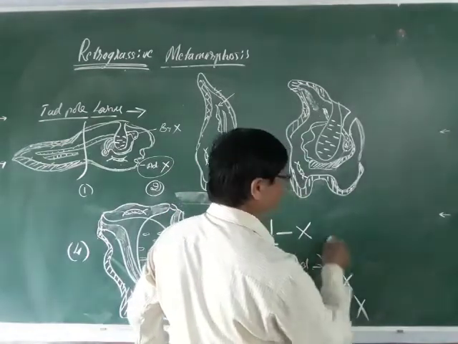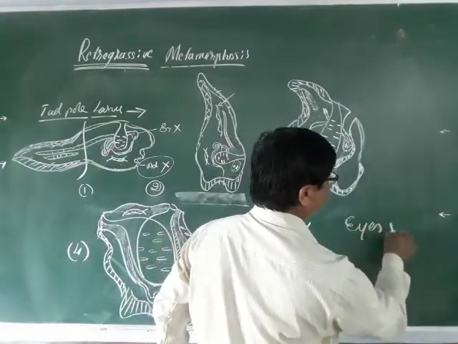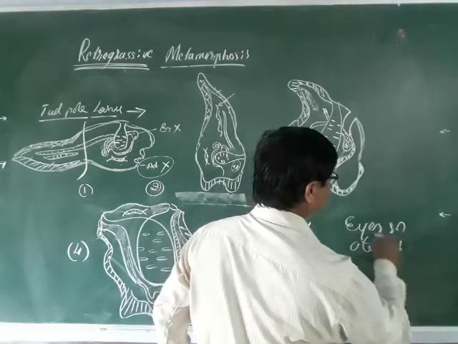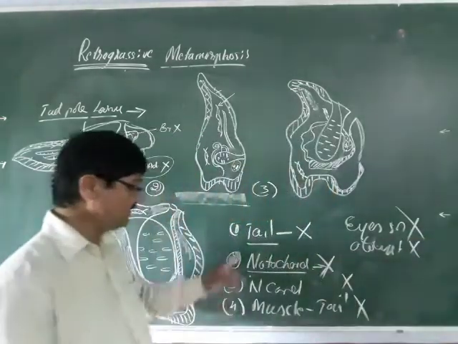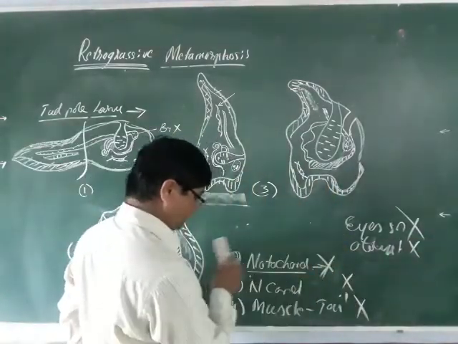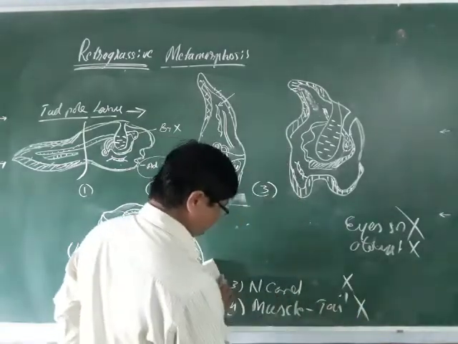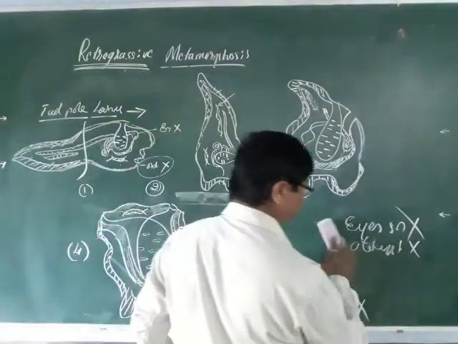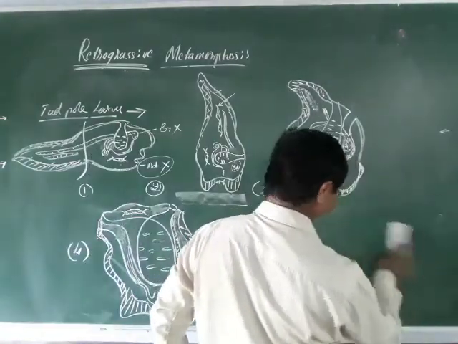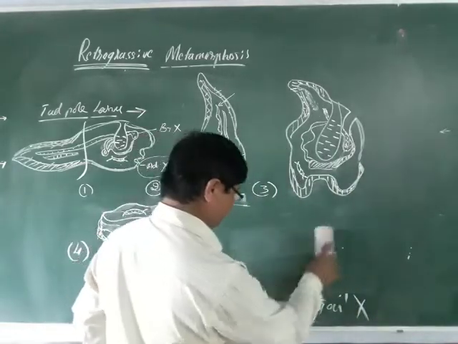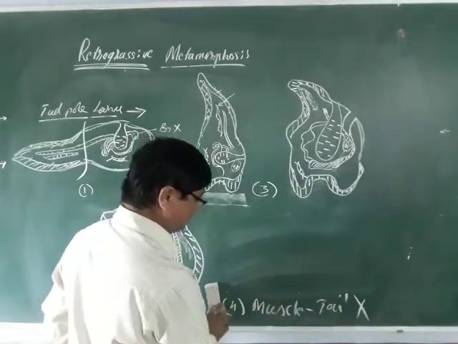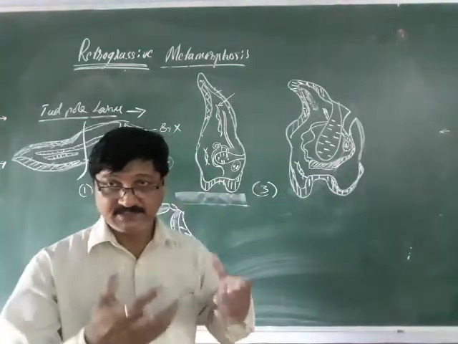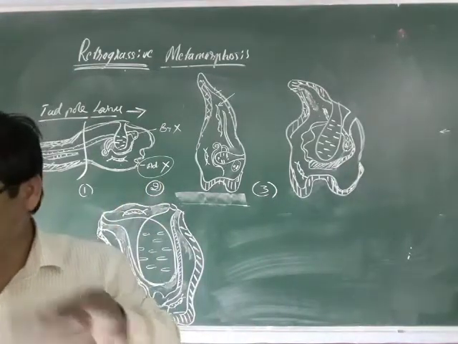When the nerve cord disappears, the eye spot as well as the statocyst also disappear. So the tail disappears completely, the notochord disintegrates, the nerve cord disintegrates, and the brain is reduced, so there are no eyes or statocyst, no sensory organs. That is followed by the muscles of the tail region, which are also absorbed, disintegrate and disappear totally.